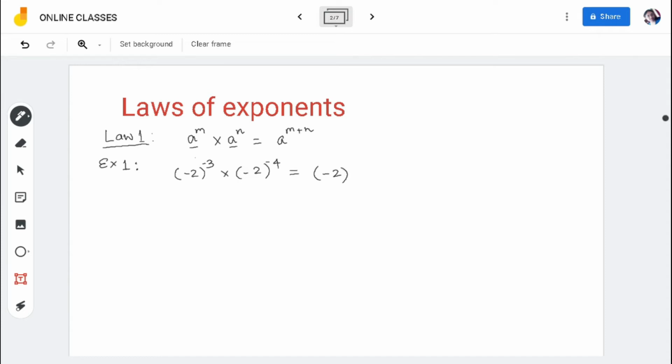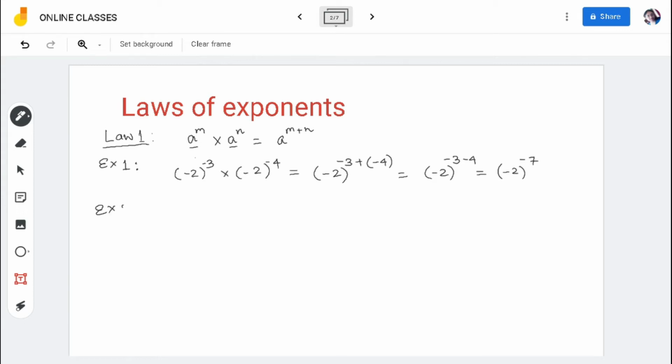So we can write minus 3 will be added with minus 4, or we can write minus 2 to the power, we know that plus into minus is minus, so this can be written as minus 3 and minus 4, and further it can be written as minus 2 to the power minus 7. So this will be our answer for these two. Right.